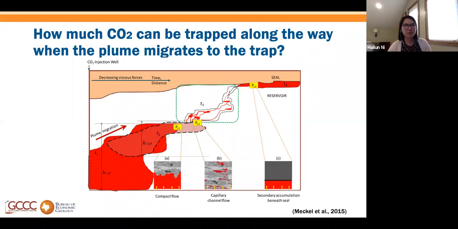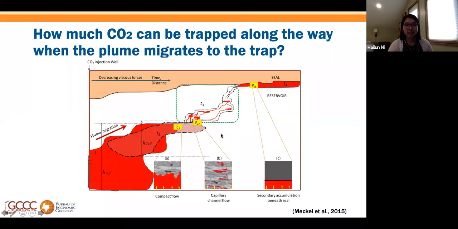The overarching question that we want to answer is how much CO2 can be trapped along the way when the CO2 plume is migrating from the injection well all the way to the trap. As we know, in CO2 geologic storage, after we inject CO2 underground, it's going to migrate upward under gravity through the aquifer.